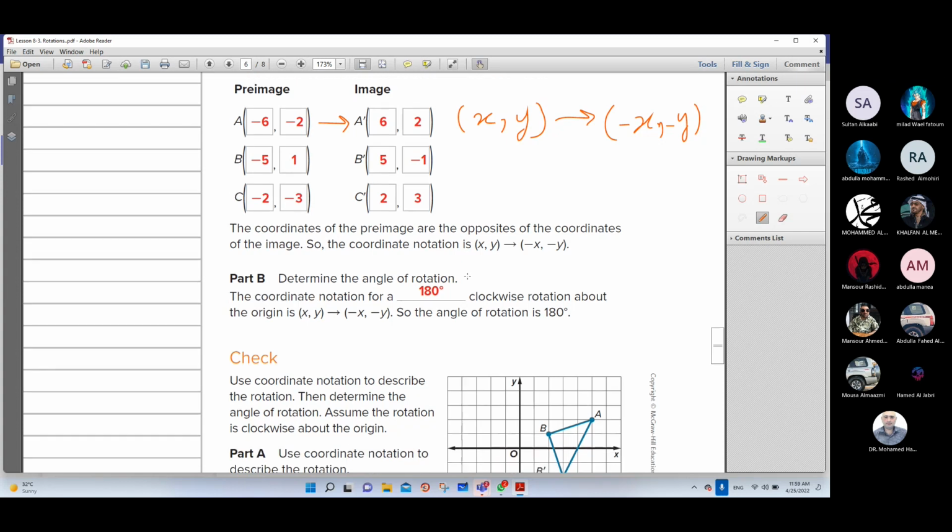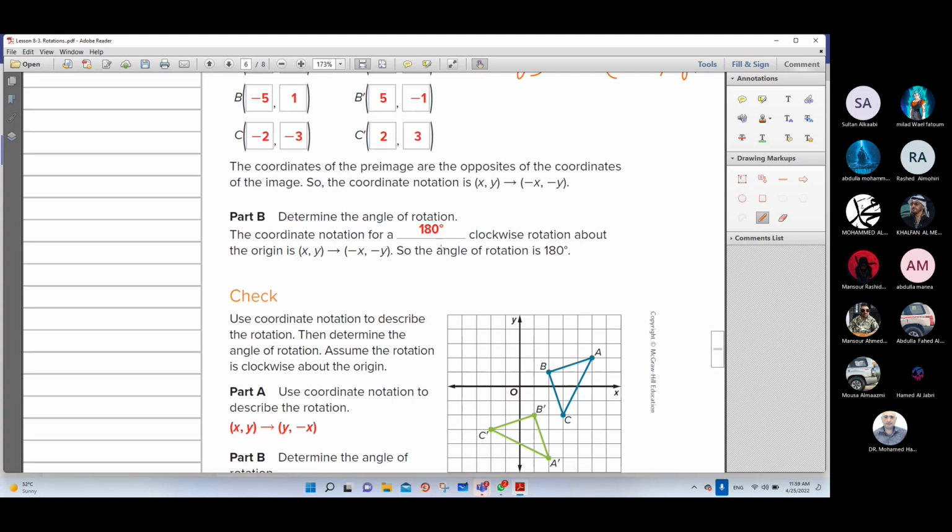So the coordinate notation is (x, y) becomes (negative x, negative y). And the second part, determine the angle of rotation. The coordinate notation for a 180 clockwise rotation about the origin is (x, y) becomes (negative x, negative y). So the angle of the rotation will be what? Will be 180.